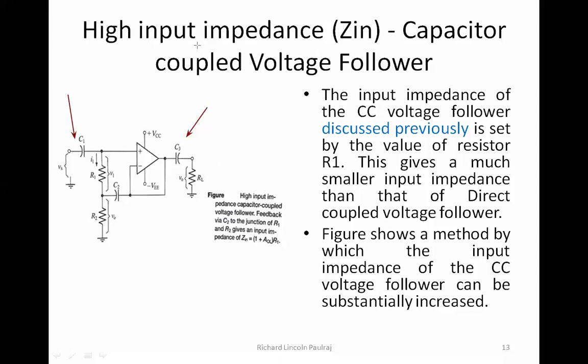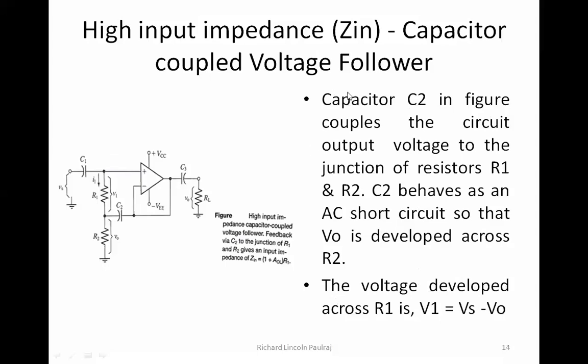But the extra thing we are looking at here is this capacitor and this resistance. We are making this combination so as to make our input impedance very high. If I compare this circuit with the normal capacitor coupled voltage follower, the input impedance there would be much lower compared to this configuration. So we will see how it works.